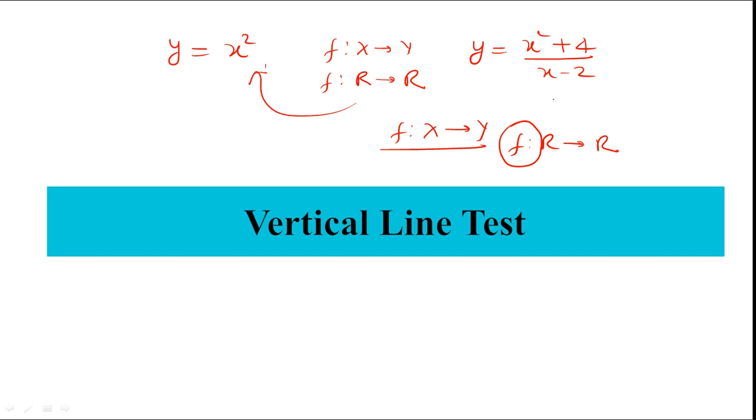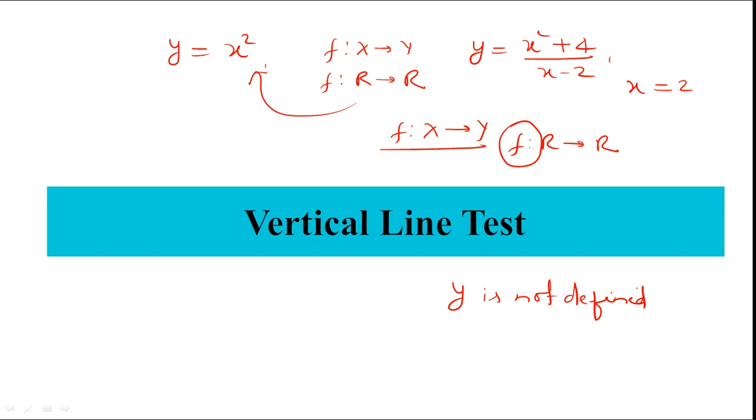You can see that if we take any real value for x, then y is defined, but there is one real value of x for which y is not defined, that is x is equal to 2. At x is equal to 2, y is not defined. It means that for every value in the set of real numbers, a unique image does not exist in set y, so it will not be a function.